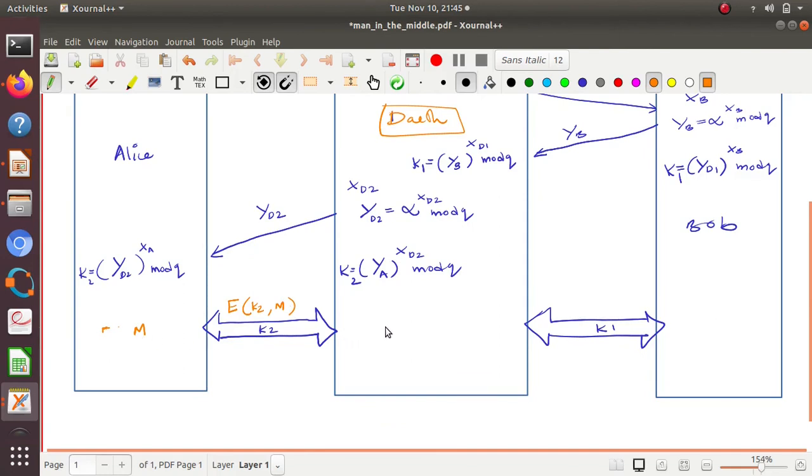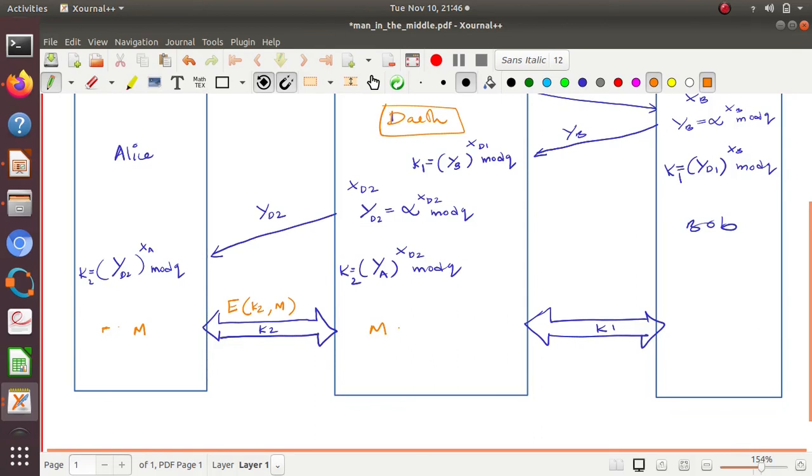Alice wants to send that message to Bob, but in between Darth will intercept that message, and Darth has the key K2. So he can decrypt the message and receive the plain text message. Then either he can read the content or he can modify it. Assume that Darth wants to modify it.